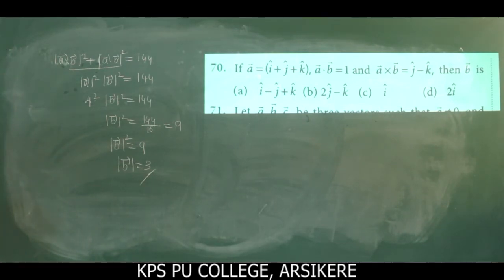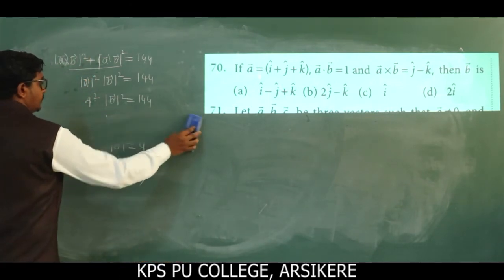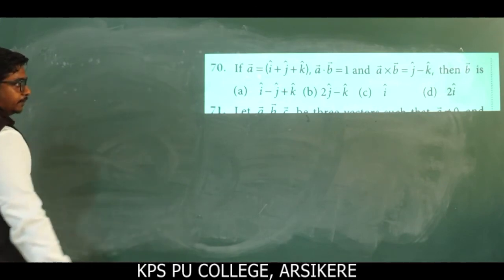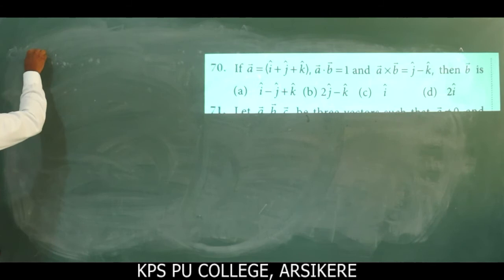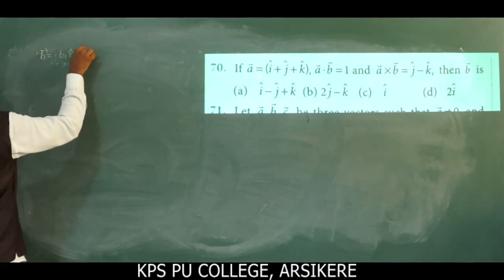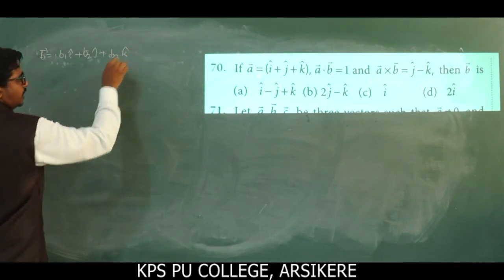Vector B we have to find out. Here we have to find vector B. See how the conditions are given. Vector A dot B is given. Before going to that, I will assume vector B as B1 into i cap plus B2 into j cap plus B3 into k cap.